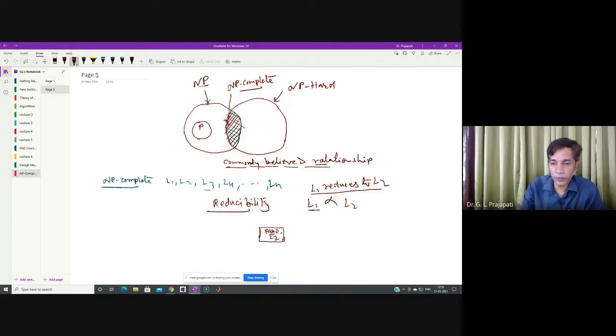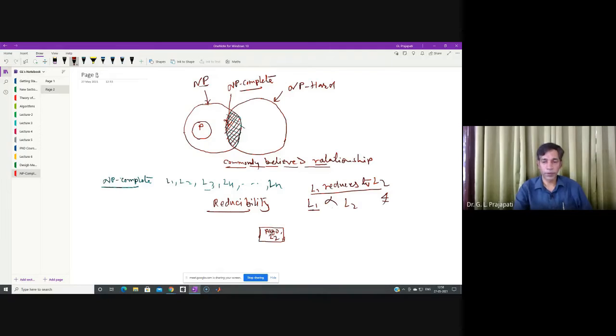Some books denote L1 reduces to L2 like this, or in Cormen they use this sign instead. So what do we mean by L1 reduces to L2? This means you are solving the problem L1 with the help of the algorithm for L2. If you are able to do so, then L1 can be solved with the help of the algorithm available for L2.